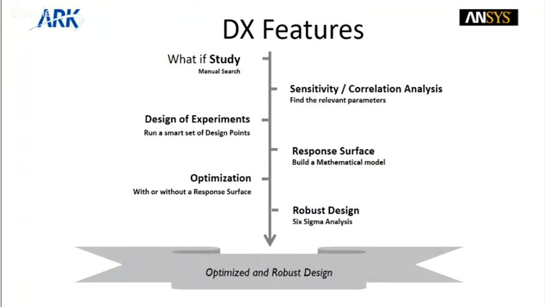So this is a quick flow chart of doing optimization in ANSYS. So these are, you can say, the Design Explorer features as well. The first step is a what-if study. In a what-if study, let us say I have some design.